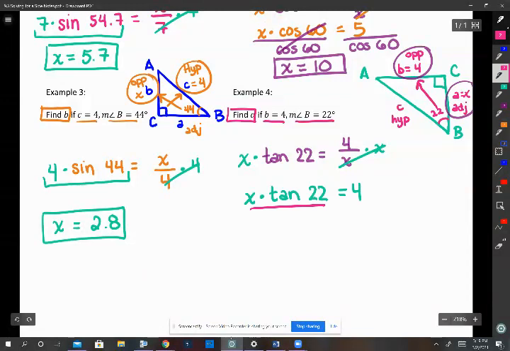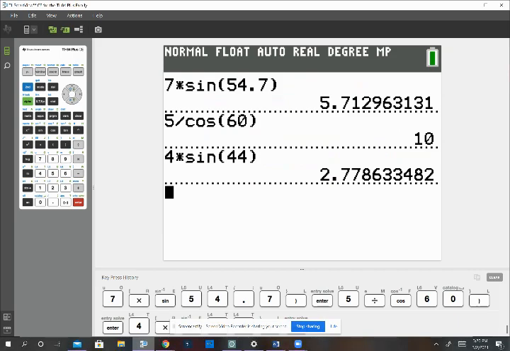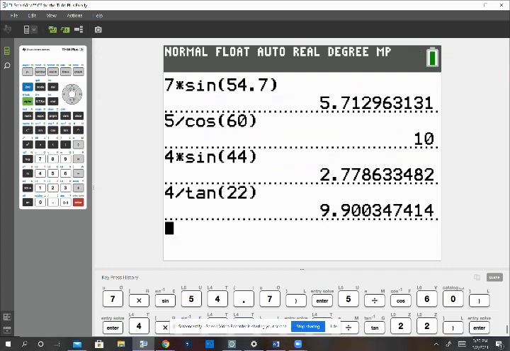So we're going to divide both sides by tangent of 22. And so we get x is equal to 4 divided by tangent of 22. And again, we look at our hundredths place, which is 0, which means our 9 is going to stay where it is, and we get 9.9.